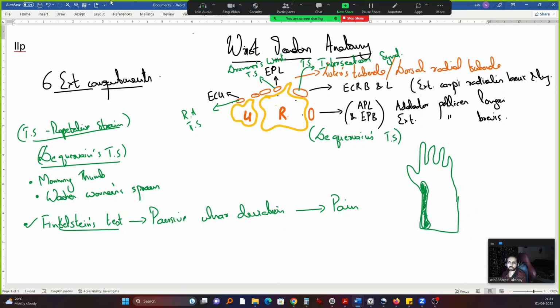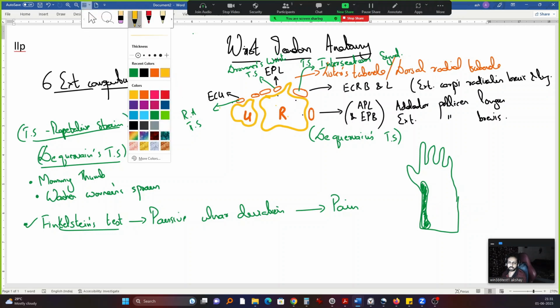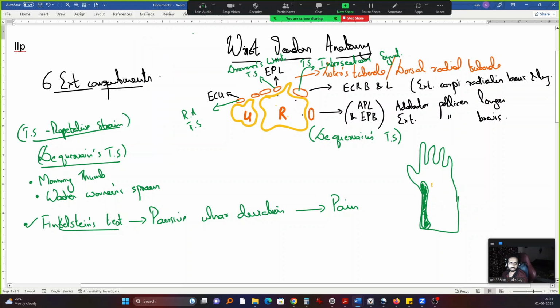In the case of intersection syndrome, the pain will be over here, more medially.